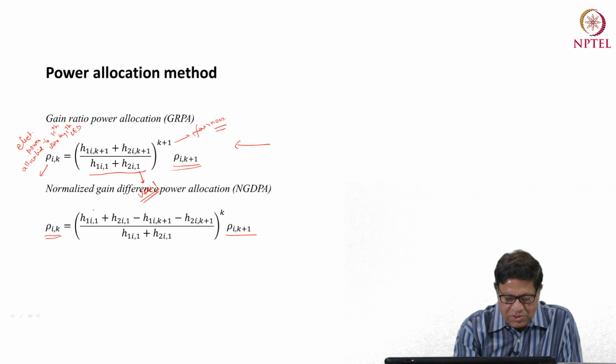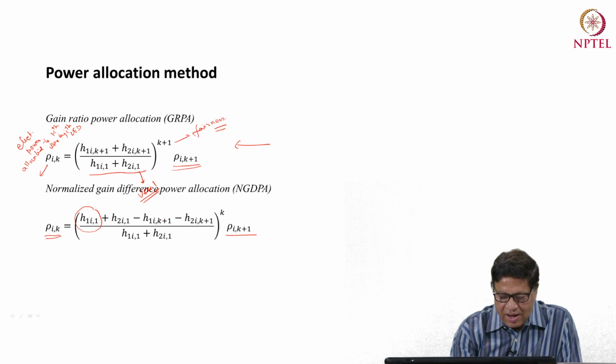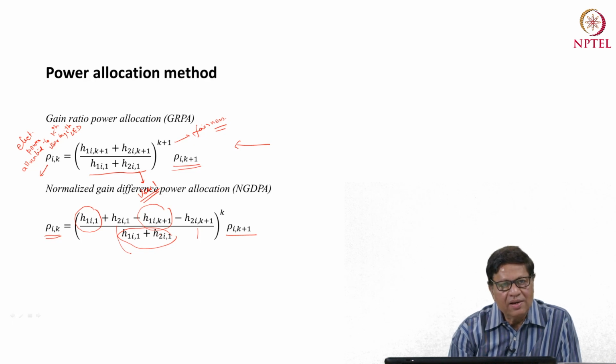So you see this H1I1 subtracted with this, and similarly this and this are subtracted, and this is with respect to the first user, sum of the DC channel gain coming from the ith LED to two different photodetectors, 1 and 2, raised to power k.